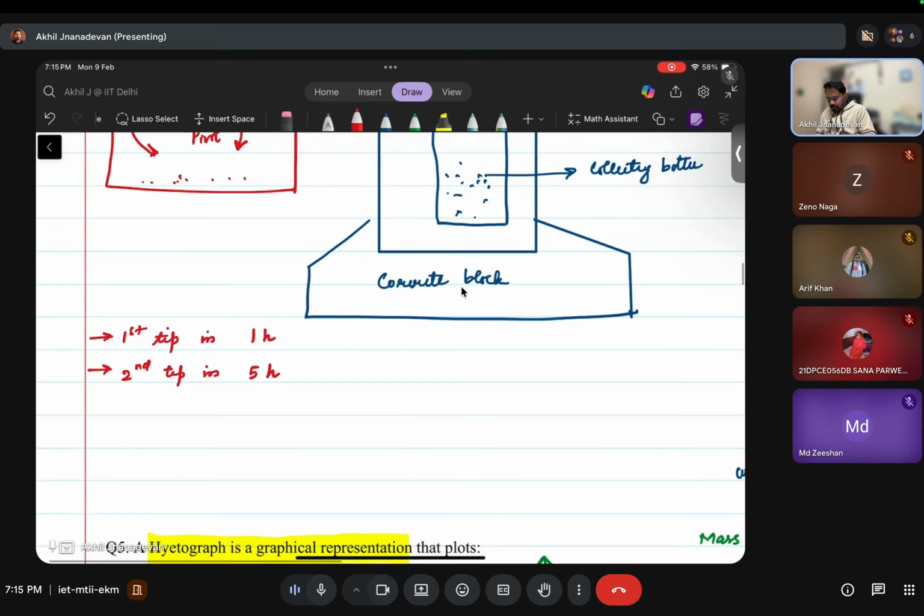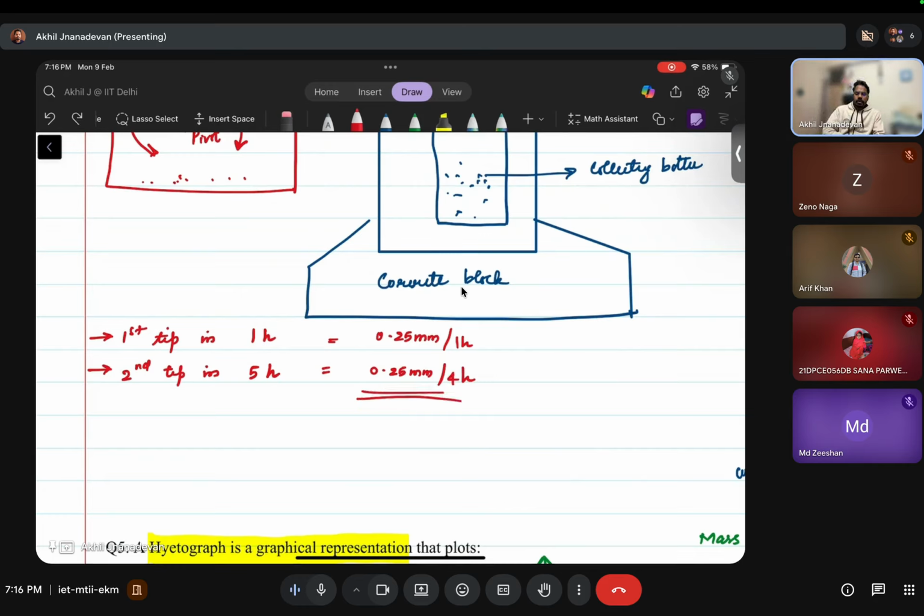That means in the first hour the intensity is 2.5 mm per 1 hour, and for the second tip, from 1 to 5, that is 4 hours, 2.5 mm was accumulated in 4 hours. So this will be the intensity. Directly we can calculate the intensities.